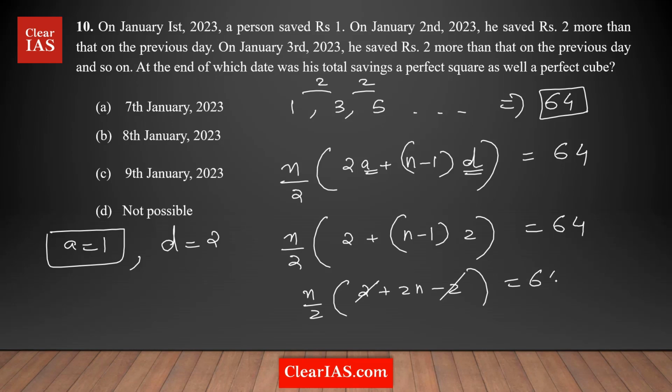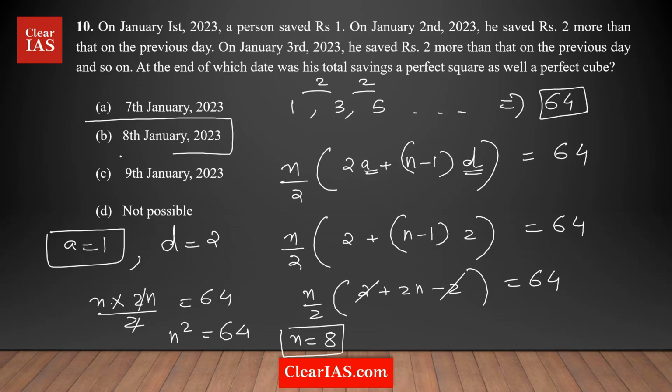Simplifying further, n times 2n by 2 is 64, or n square is equal to 64, so n is equal to 8. That means there should be 8 terms in the series so that the sum is 64. 8 terms means the end date is 8th January. So 8th January is the right answer. This is another approach you could use.